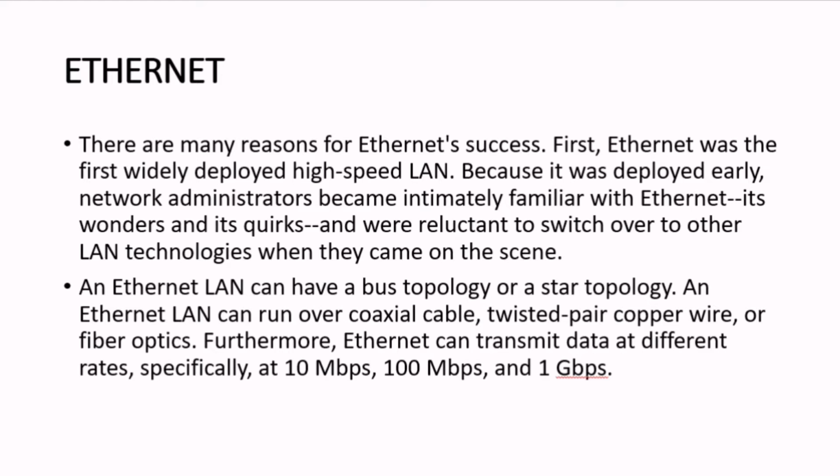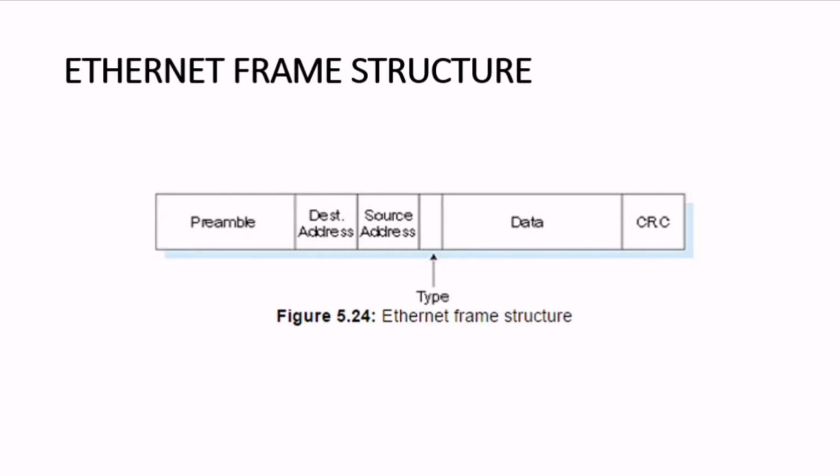If it uses fiber optic cable, it can go higher, maybe 100 gigabits per second. So this is the Ethernet frame structure. It has a preamble, destination address, source address, data, and CRC. CRC is the error detection bits.